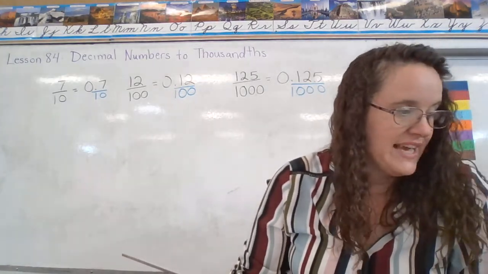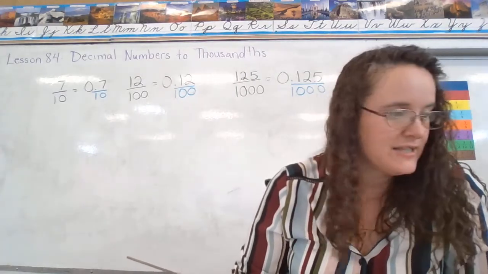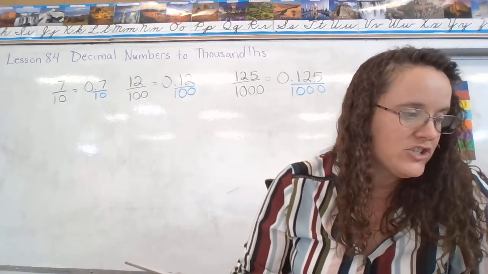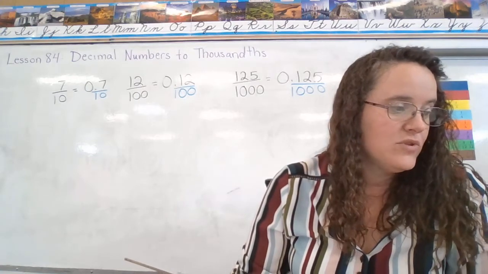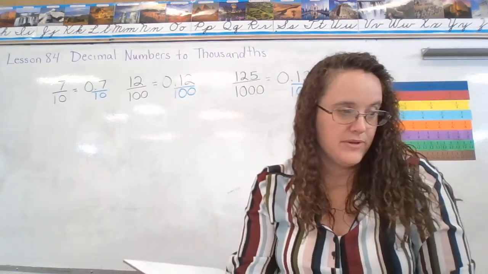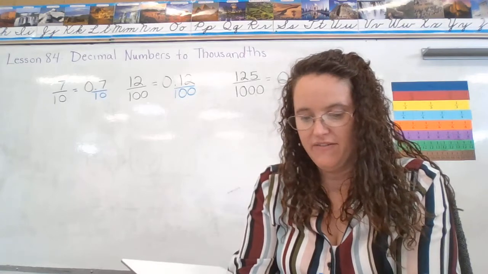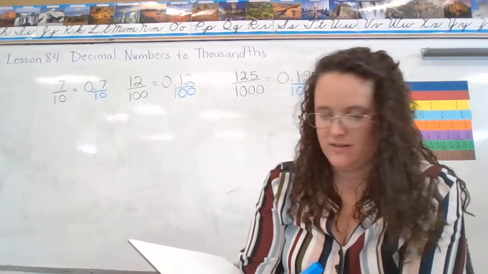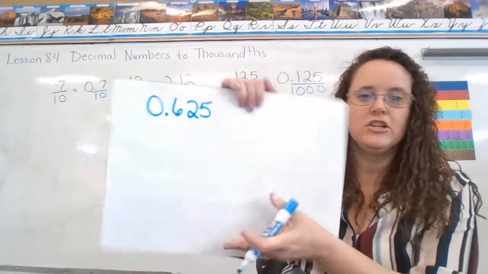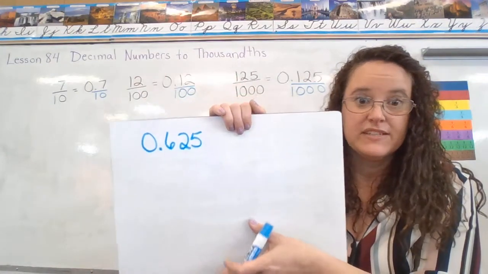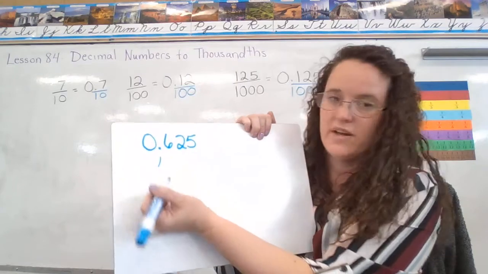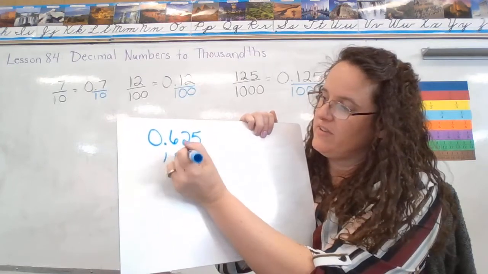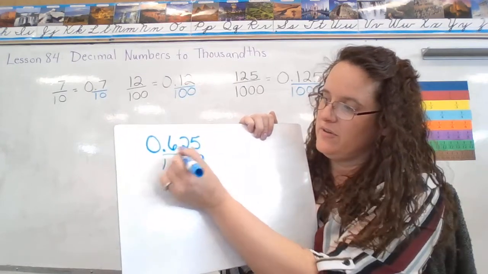Okay, the next one says, write each decimal number as a fraction or mixed number. Then use words to name the numbers. So the first one we have looks like this. So this, you use my trick to turn it into a fraction. We put the 1 under the decimal. We fill in our zeros.